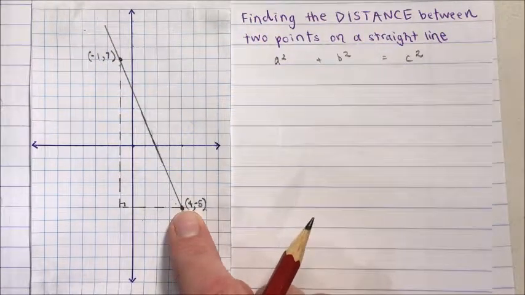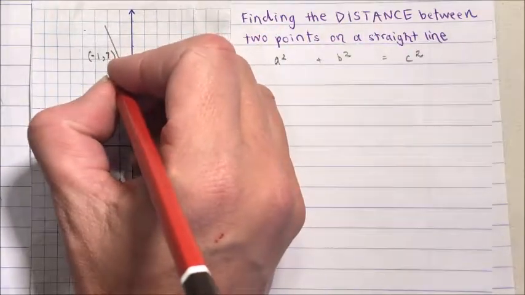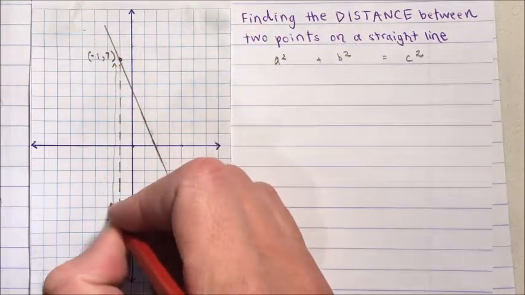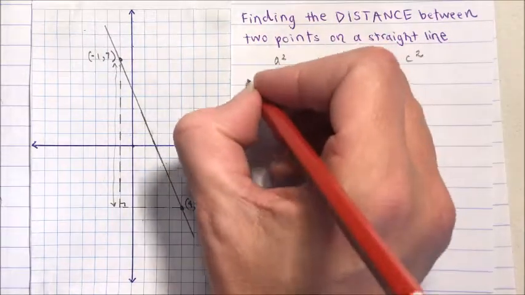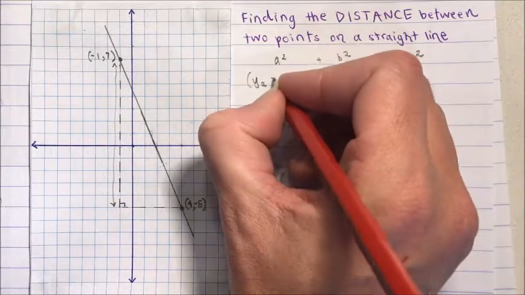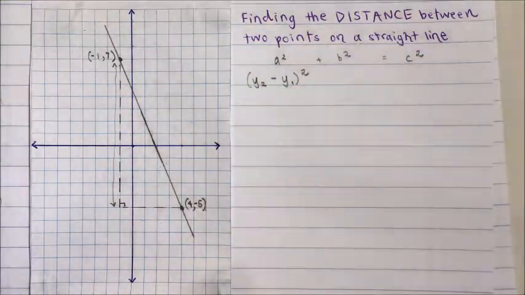So to find a squared, we need to find a. Essentially what we're looking for here is, again, the rise. And to find the rise, we remember from doing gradient work that it's y2 minus y1 squared.